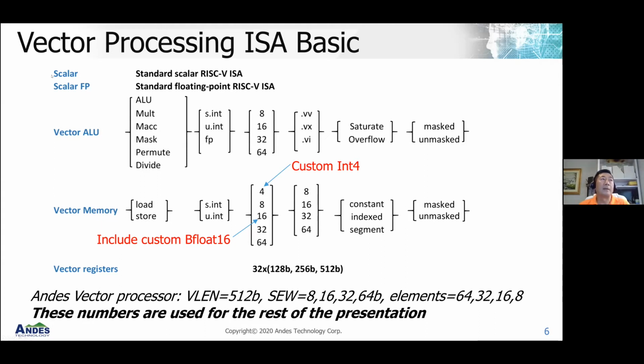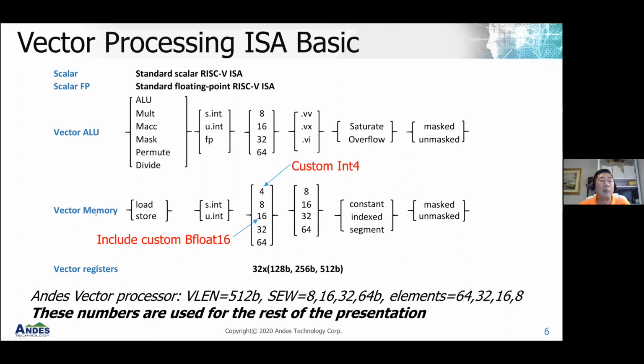For the vector, there's a vector ALU that handles all the different types of functional units we have, and it operates on signed, unsigned, or floating point. The element width is from 8 to 64, and the operation can be between vector and vector, vector and scalar, or vector and immediate. Of course, for fixed point, you have saturate and overflow. Then there is the mask, and each element can be masked or unmasked.